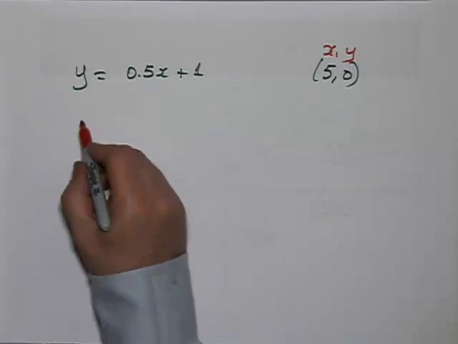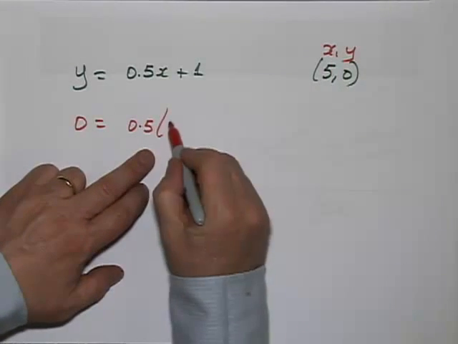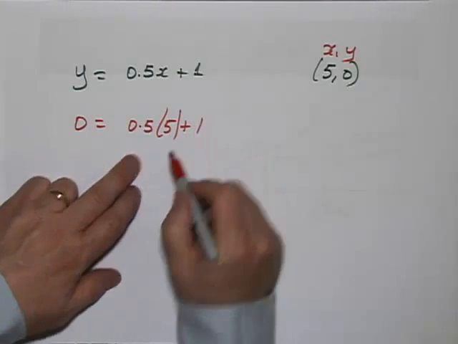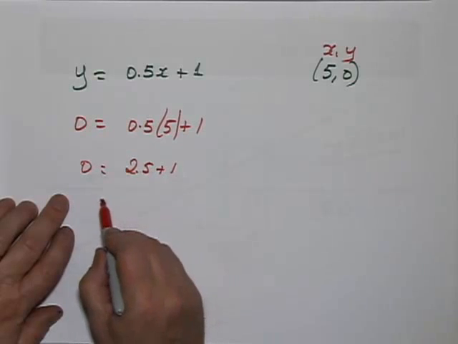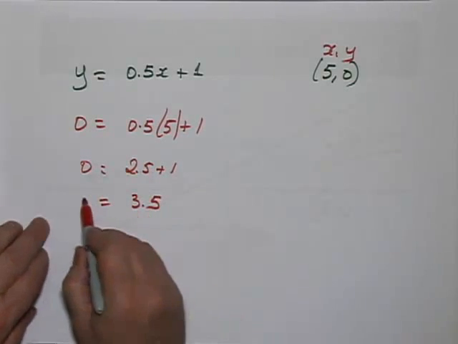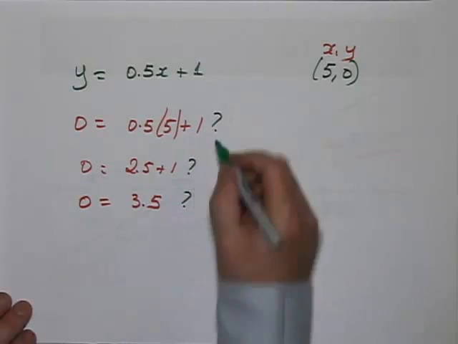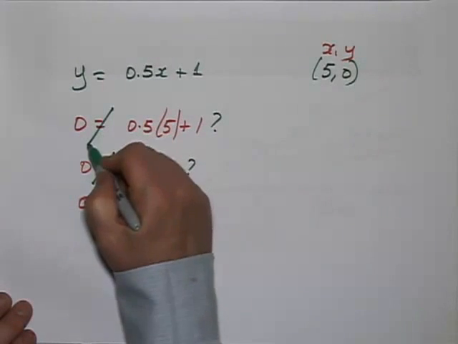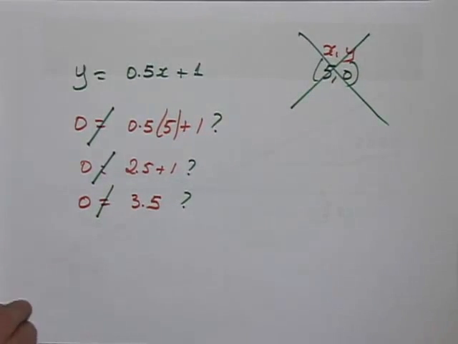Y would be 0 equals 0.5 times 5 plus 1. 0 is equal to 2.5 plus 1. 2.5 plus 1 is 3.5. 0 is not equal to that. So we'd say that's not true, not a point on the line. Is that okay? That's how we would do it.